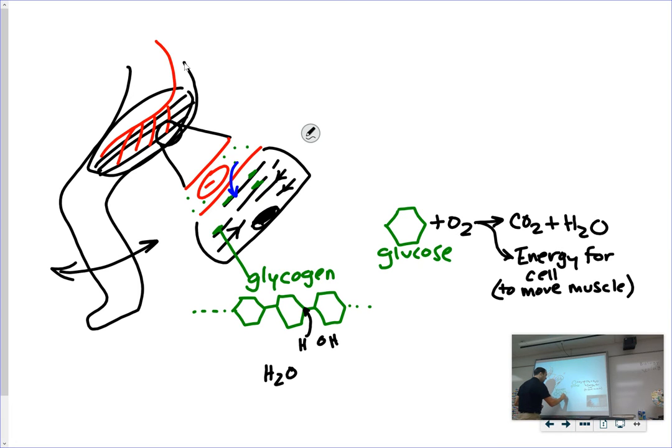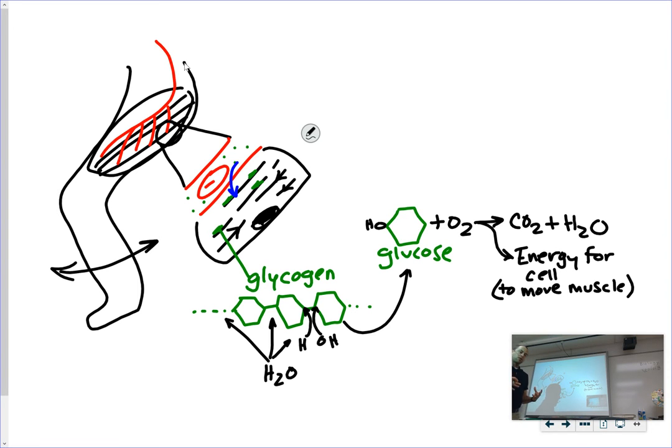The H will go over here, the OH will go over here, and it will break off one of these OHs at the end, or sorry, it'll break off the glucose on the end so that it can then be used for energy to do the process. And that would continue going on and on and on every time your muscle needs energy.